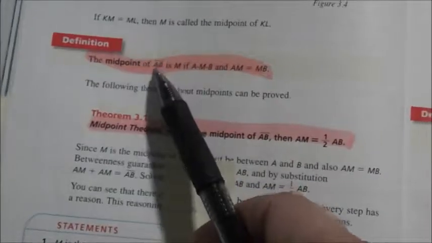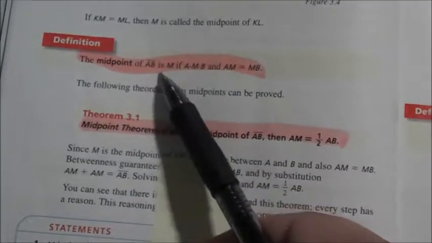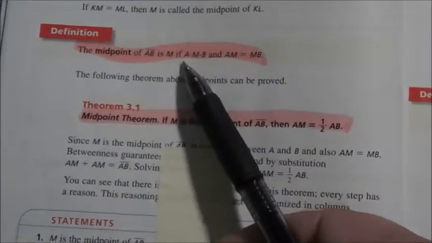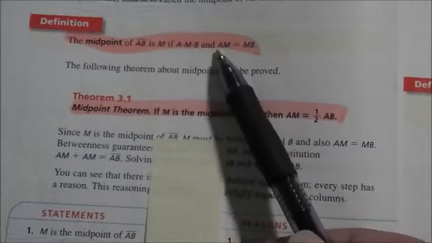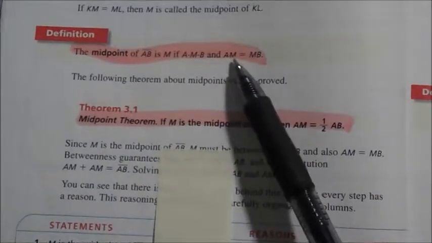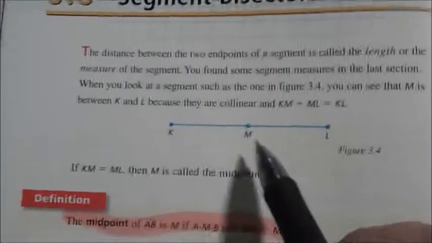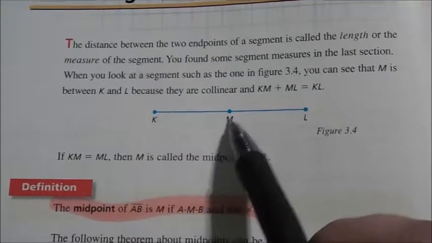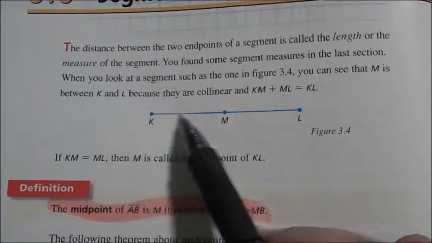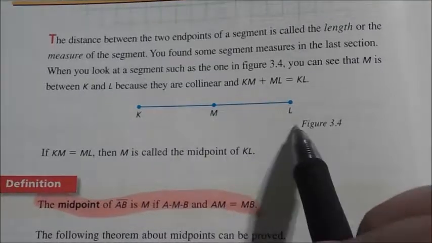All right, segment bisectors. The midpoint of a segment AB is M if M is between, that's what this means, and the distance from A to M and the distance from M to B are equal. So let me use this one up here. M is going to be considered the midpoint if KM is equal to ML.